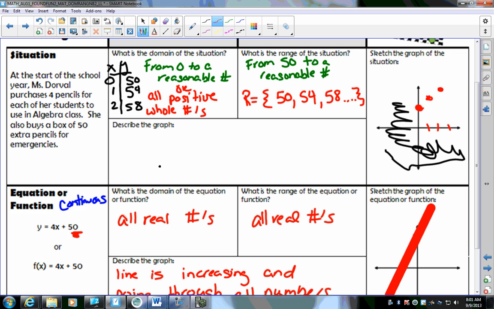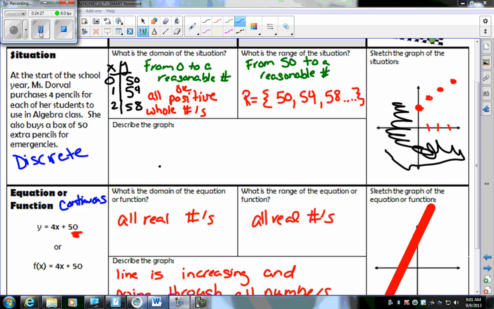So my graph of this would be discrete, because you can't purchase 0.9999999 of a pencil. So if I describe my graph, it's going to be dots, points in the first quadrant.